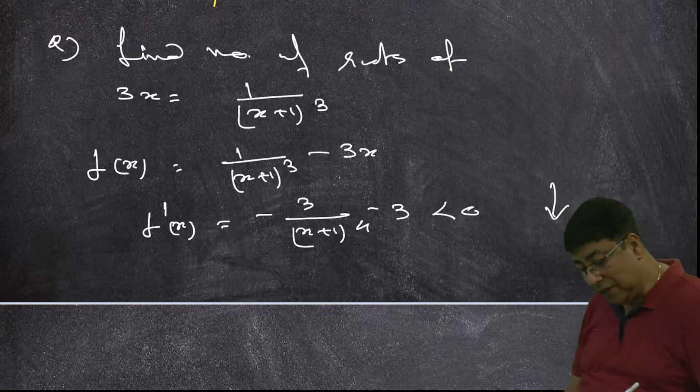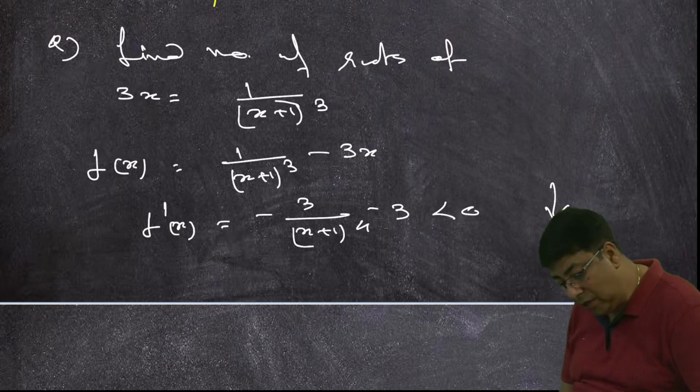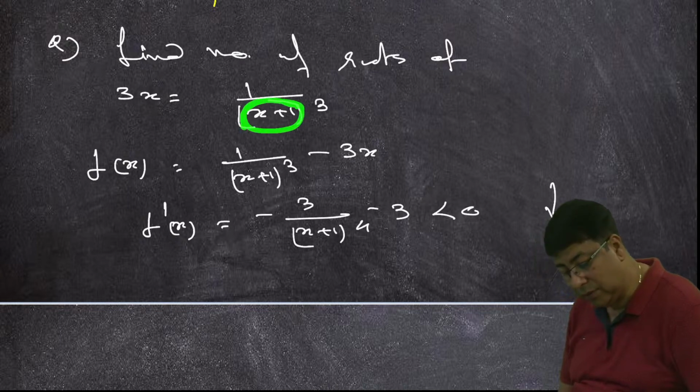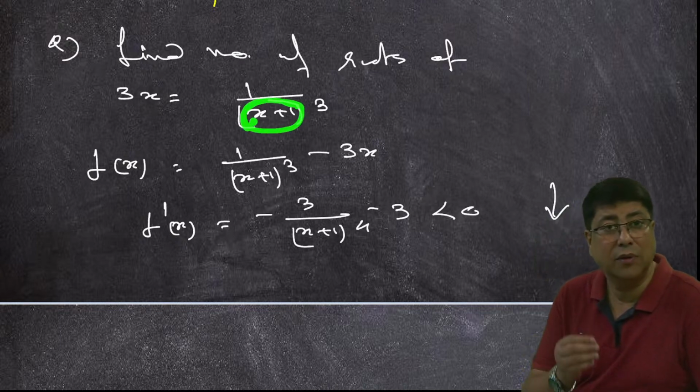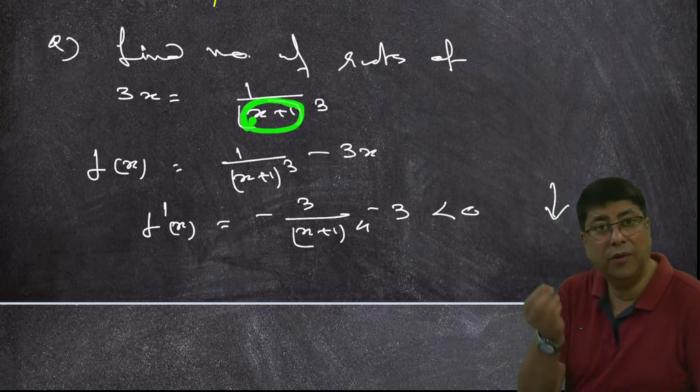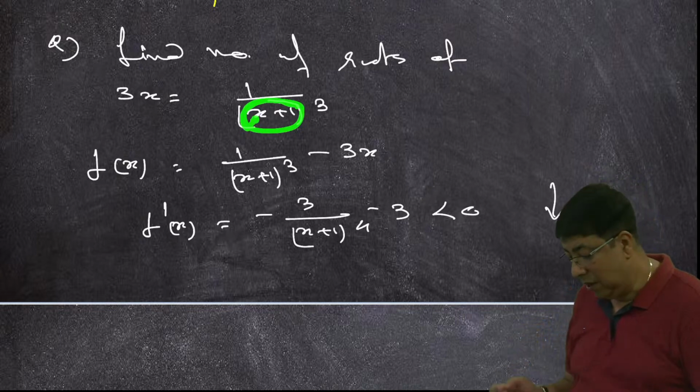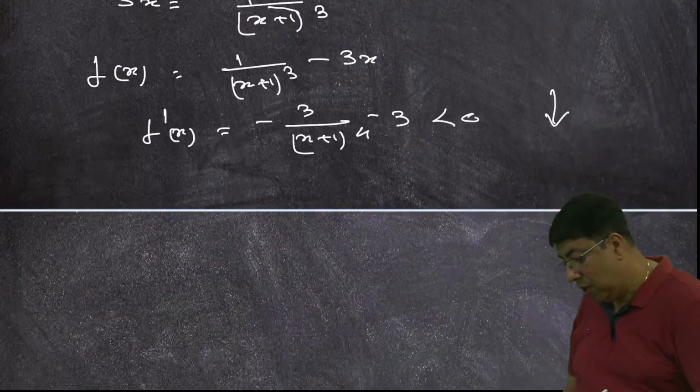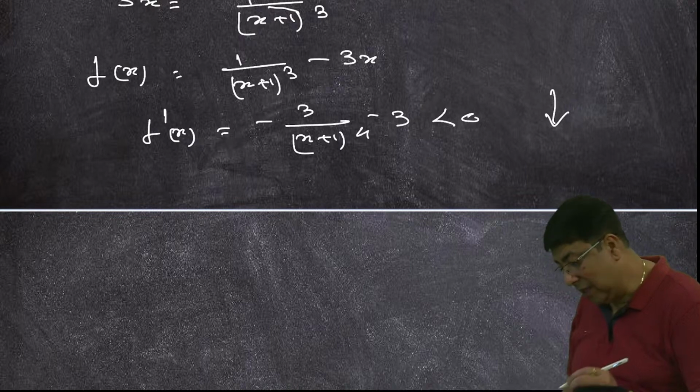Now it has the discontinuity. Actually, it has the vertical asymptote at x equal to minus 1, or discontinuity at x equal to minus 1. Okay? So f(x) is strictly decreasing as it is.